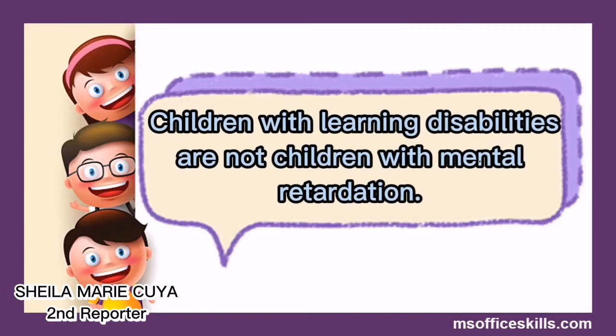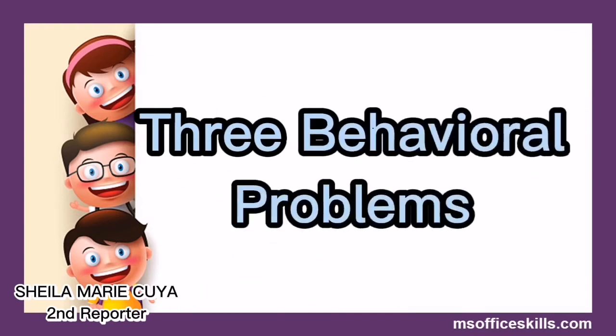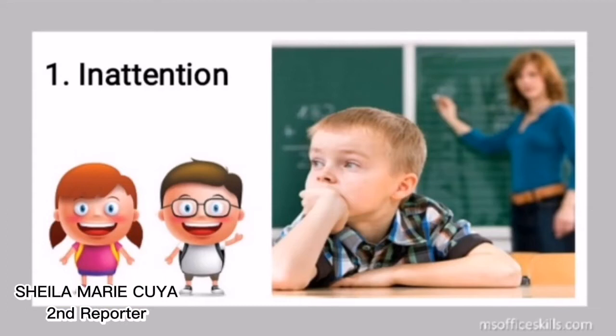Children with learning disabilities are not children with mental retardation, whose mental ability falls below average in the normal distribution curve. They have relatively average or even above average intelligence but experience severe learning or academic problems in school, and they possess three behavioral problems. First is inattention. A child will seem uninterested or like he or she is not listening.